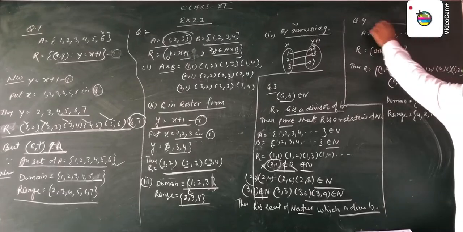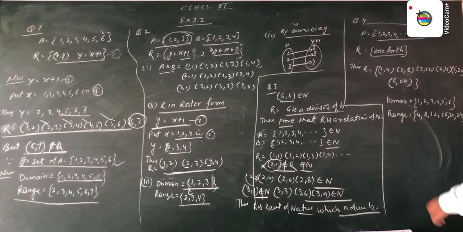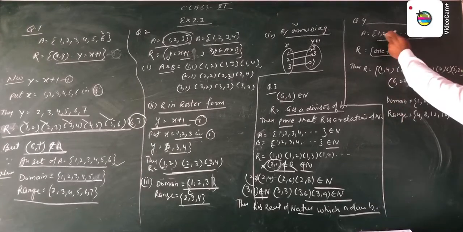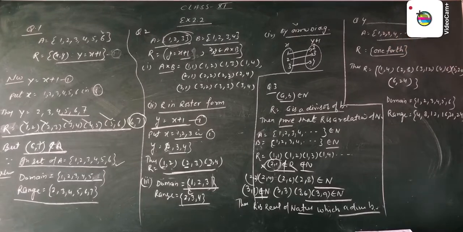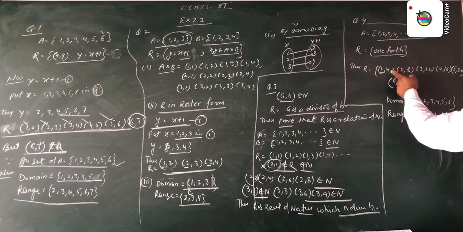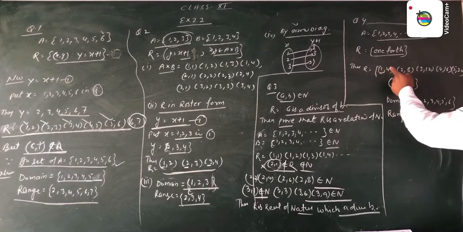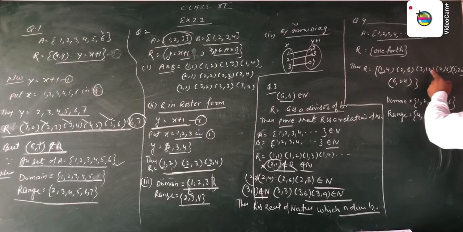Now this is your question number 4. In question number 4 it is given that the first component is 1/4 of the second. Now we make the pairs of these sets. The first component is 1/4 of the second, so the second is 4 times the first.